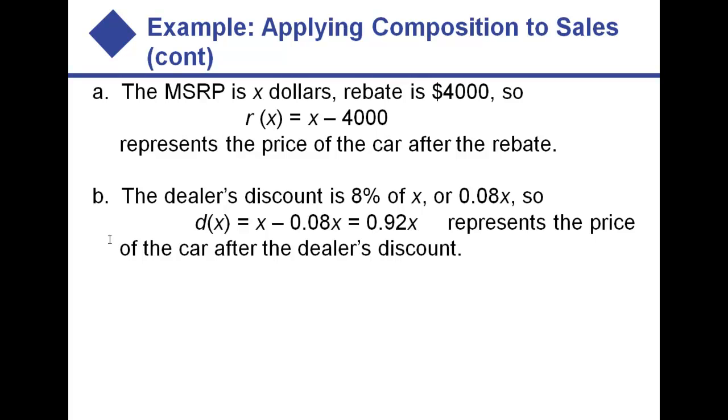The dealer's discount, however, was 8% of the price off, or 0.08x taken away. So you start with your price of x, you subtract the 0.08x from it, and you're left with 0.92x. And if you look at that, isn't 0.92x 92%? Well, if you take 8% away from 100, how much is left? 92%. So that's what an 8% discount looks like, right? It's 92% left over. So those are your two simple R and D functions.